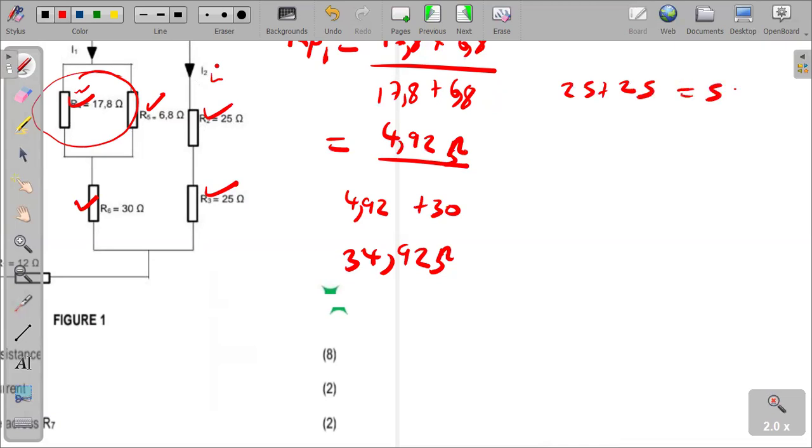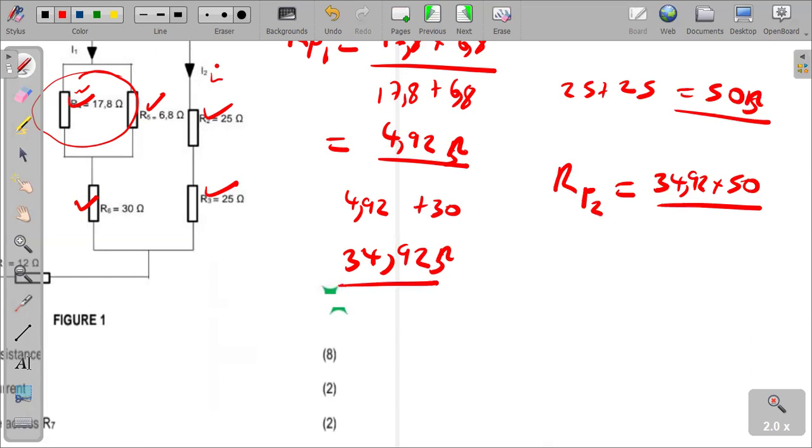Now, how is the 50 ohm and the 34.92 ohm connected? These ones are now in parallel. So let's calculate RP2 is equal to product over sum, 34.92 multiplied by 50 over 34.92 plus 50, right?